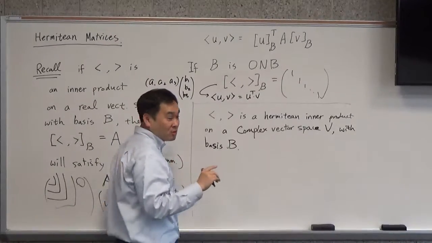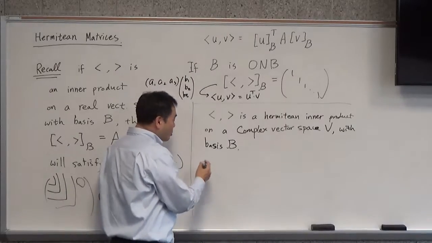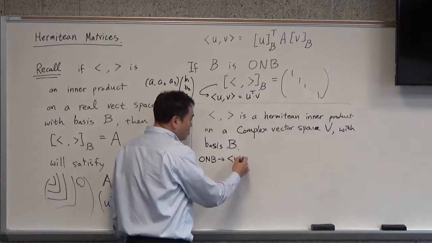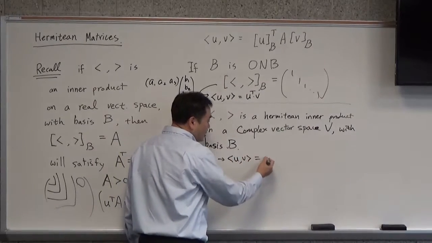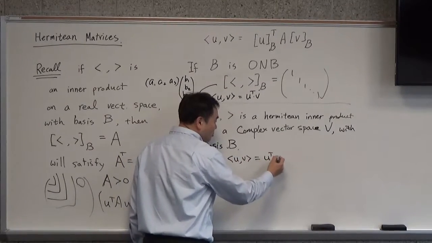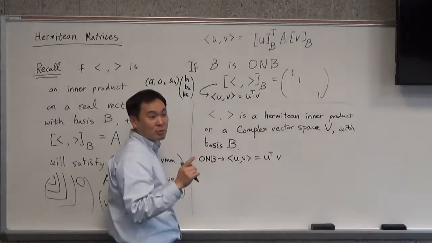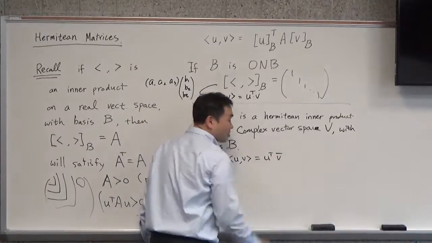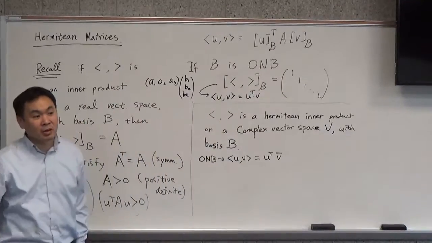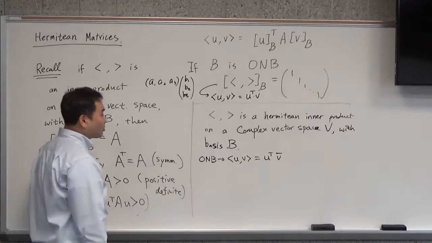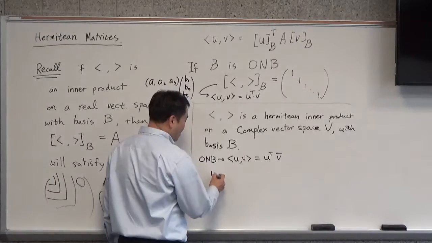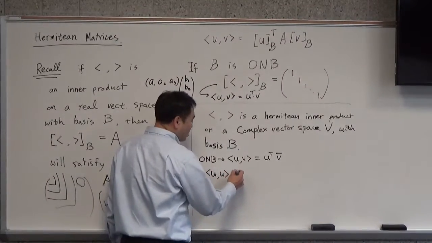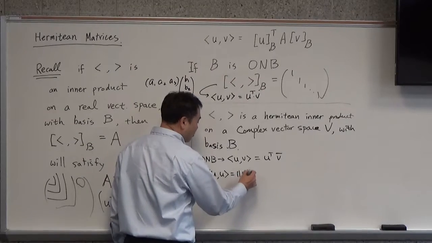What do you do? When you have an orthonormal basis, then the inner product of U and V would be like U transpose V, but you do one more thing. Do you remember what that is? Complex conjugate. Yes, you do a complex conjugate on the second one. The reason you want to do this is so that if you have the inner product of U with U, you get the correct meaning of the norm squared.